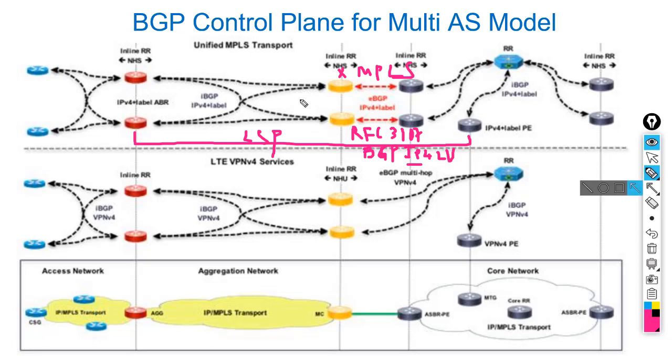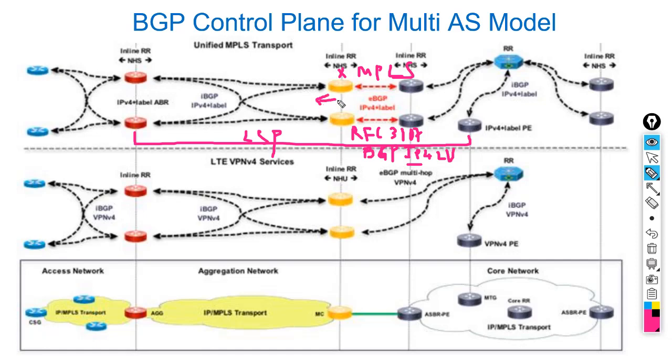Within each domain, we would also use BGP IPv4 label, because if we don't use IPv4 label, we have to redistribute the loopback address of the PE router in the core network into the metro core.